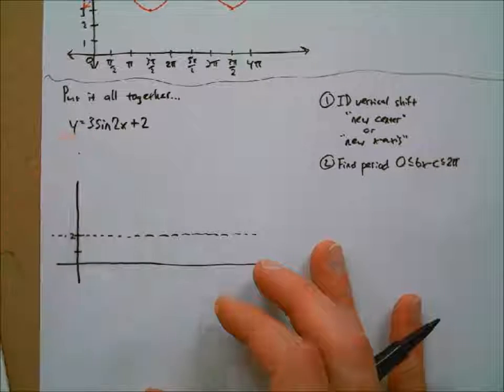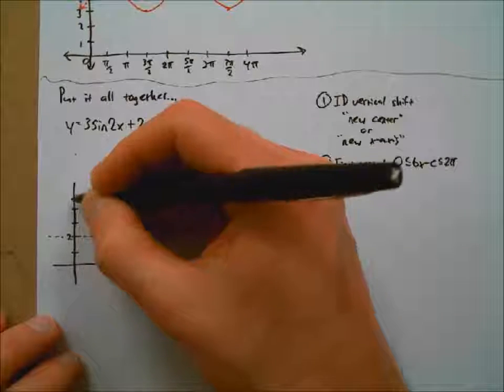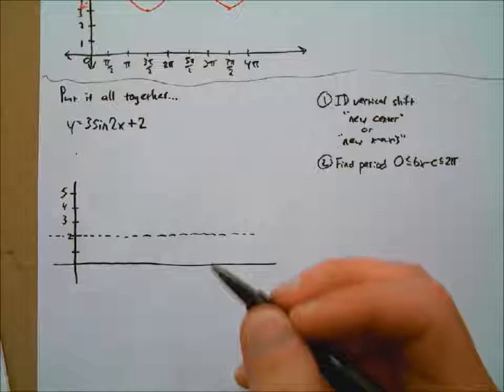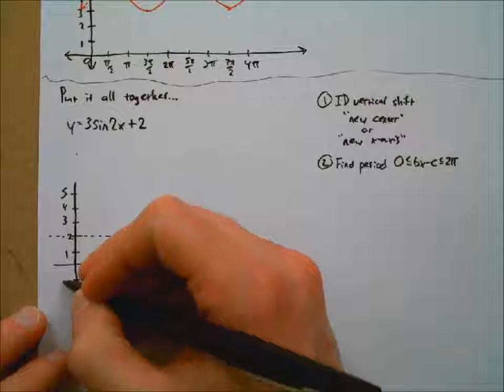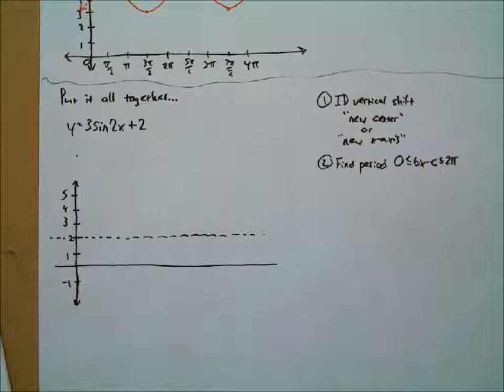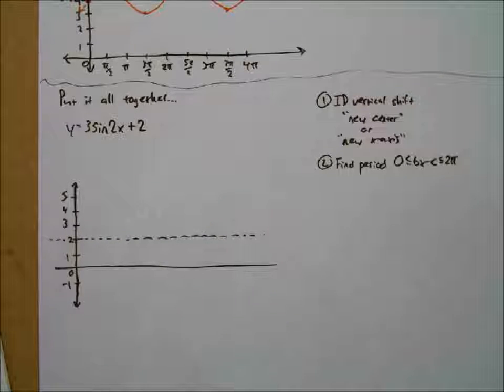So actually we're going to go up to 3, 4, 5. And then we're also going to go down 3 from that new center. So 1, 0, and then negative 1. That's our lowest low, negative 1. So 3 up from the vertical shift, 3 down from the vertical shift because of the amplitude of 3.